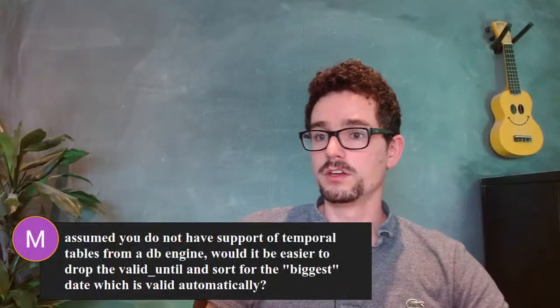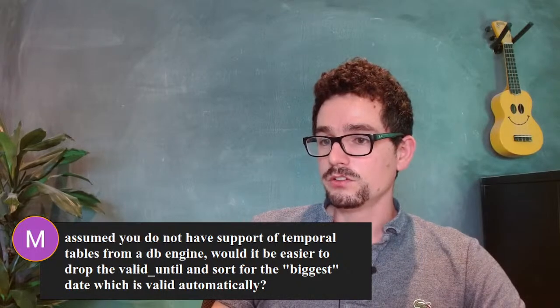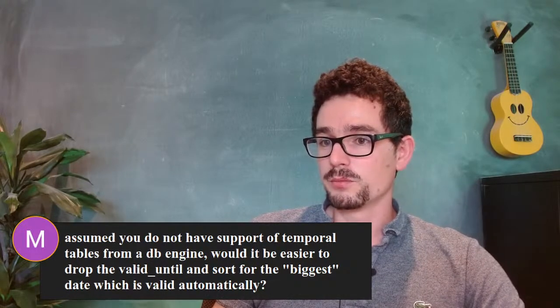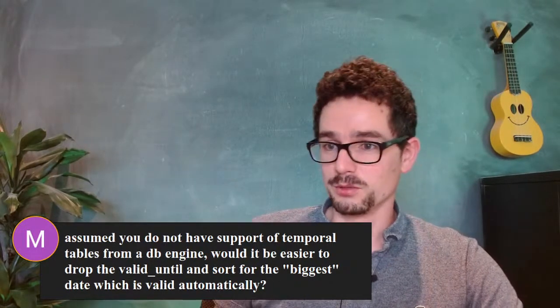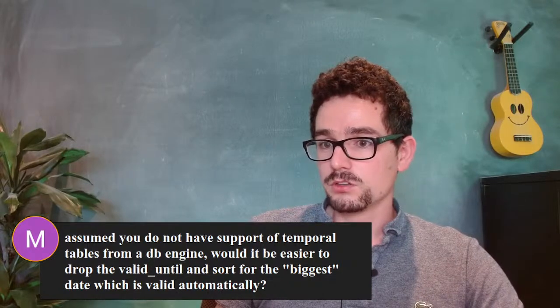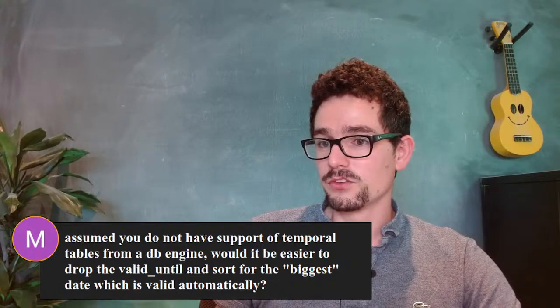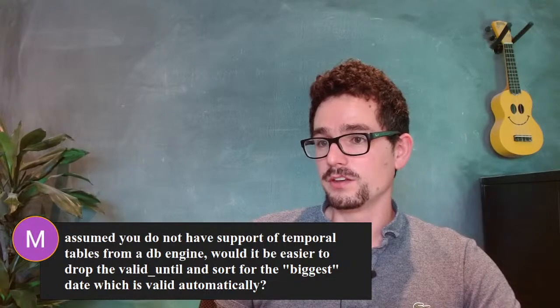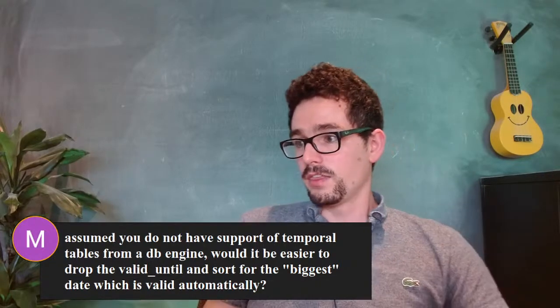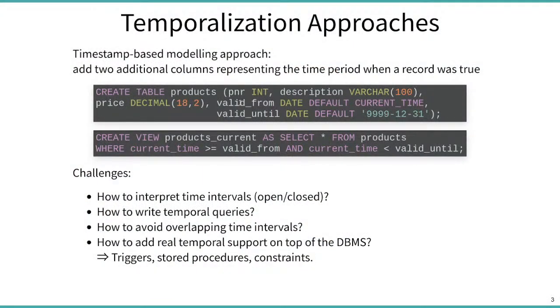Question in the chat. Assume you do not have the support of temporal tables from a DB engine. That's what we are talking about. Would it be easier to drop the valid until and sort for the biggest date which is valid automatically? That's a very good question. So we have here valid from and valid until.